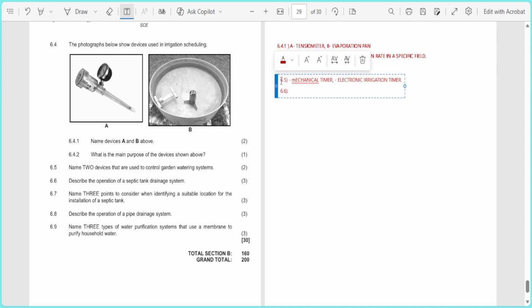So should I type this one out? Let's say, describe the operation.